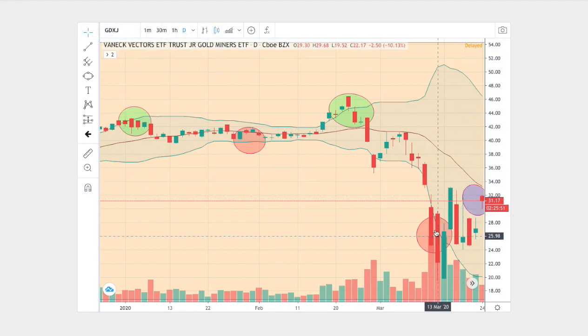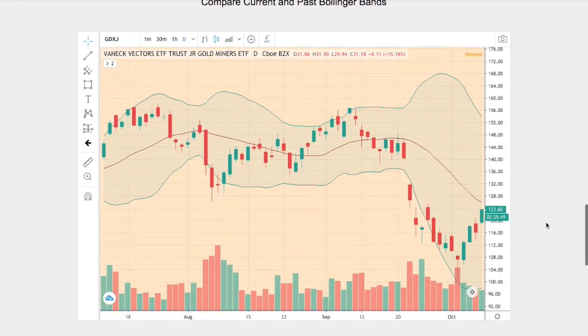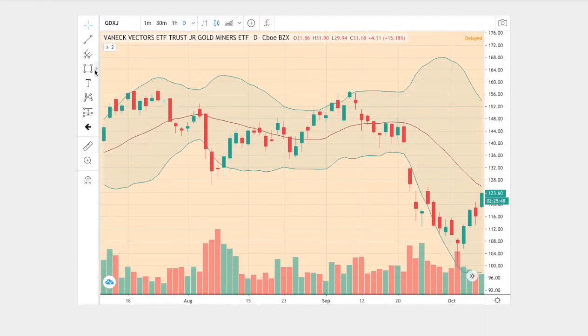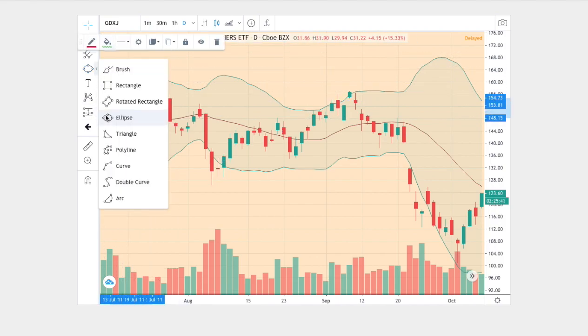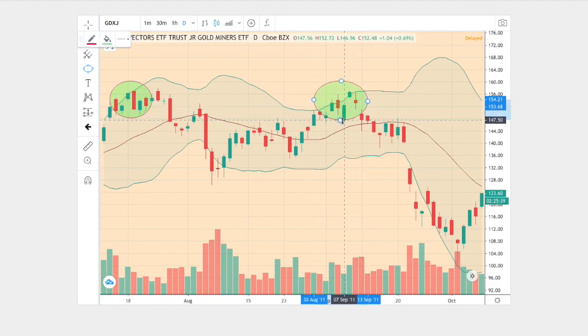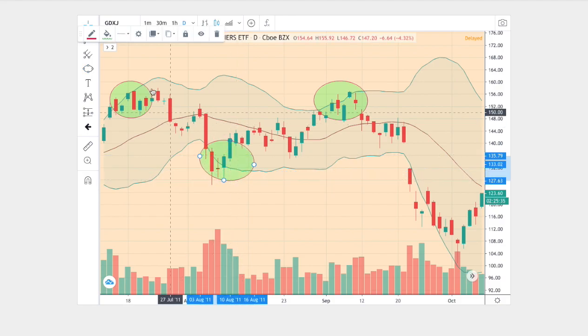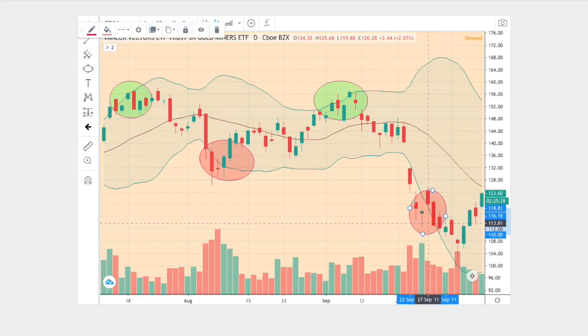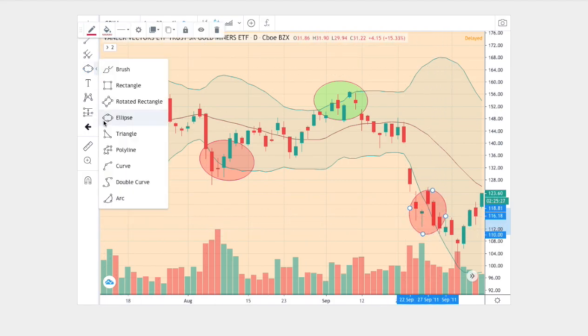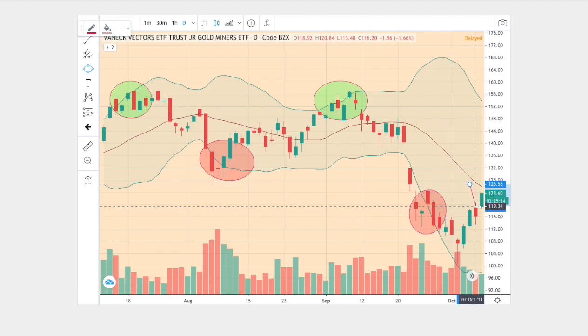So we have those points there, and in the trend in question we start to see a similar pattern here as well. We start off touching the upper Bollinger Band, and we have our second one here, and in between them we do touch the bottom Bollinger Band, and then afterwards we mark another instance where we do touch the bottom Bollinger Band, and lastly we see a reversion to the mean right towards the very end.